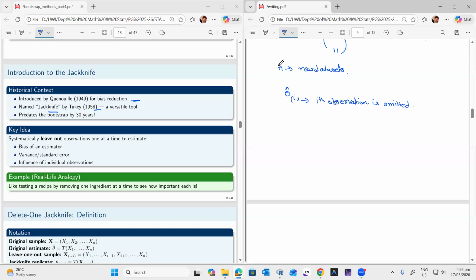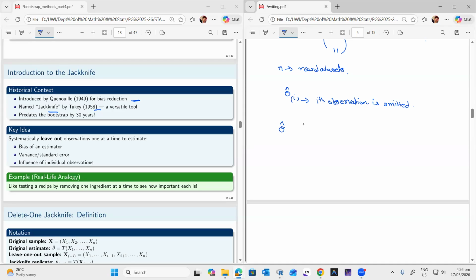So here is the bias of an estimator. Quenouille's original idea is that the bias estimate is based on the difference between the full sample estimate theta cap and the average of the jackknife replicates.